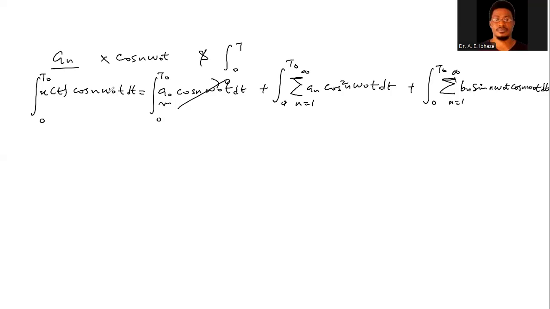So when we multiply by cos n omega naught t, we may be able to get an integrable function. Okay? Then we have cos squared n omega naught t, and once again, once we integrate this, this reduces to 0.